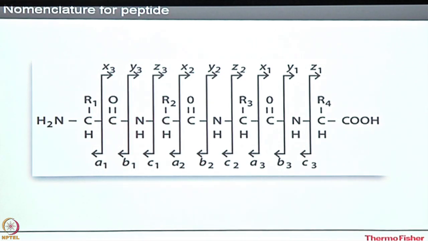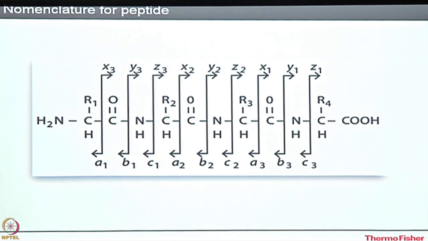Any one of them can break. If the C alpha C bond is broken, then the N terminal side is called the A ion, and the C terminal side is called the X ion. Same way CN, this is the peptide bond basically, gives B and Y ions, and if it is the NC alpha bond, then it is called the C and Z ions.